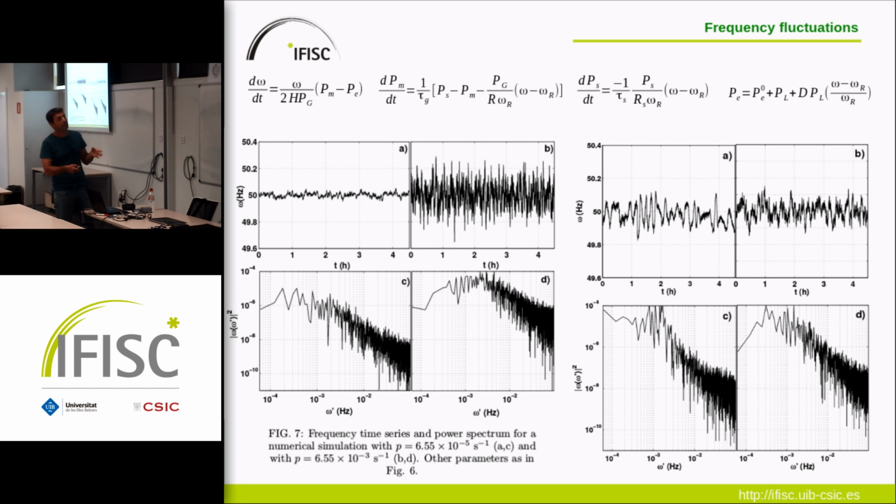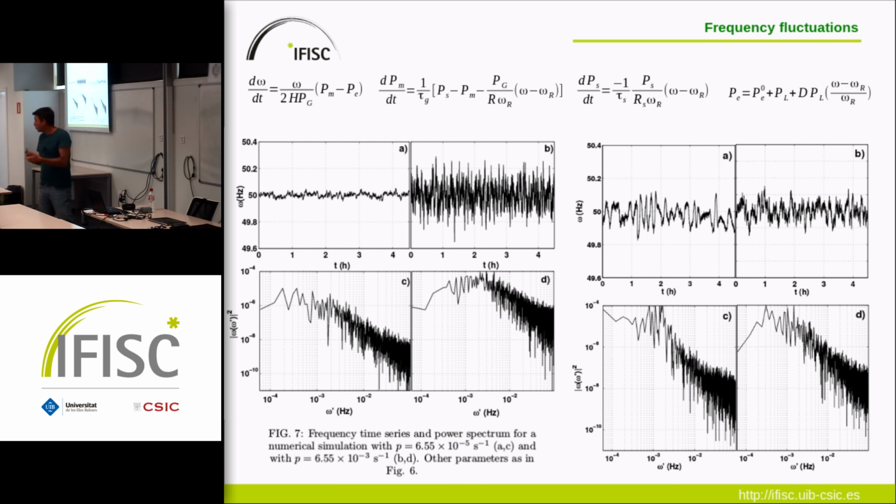You can see here this goes down, characteristic of a random walk, and here you have a plateau, for long time scales, for low frequencies, more or less flat, and a crossover at a certain frequency. And if you change P, this characteristic frequency where the regime changes moves to the left for a smaller P. So we have a single parameter that changes this thing in the power spectrum.